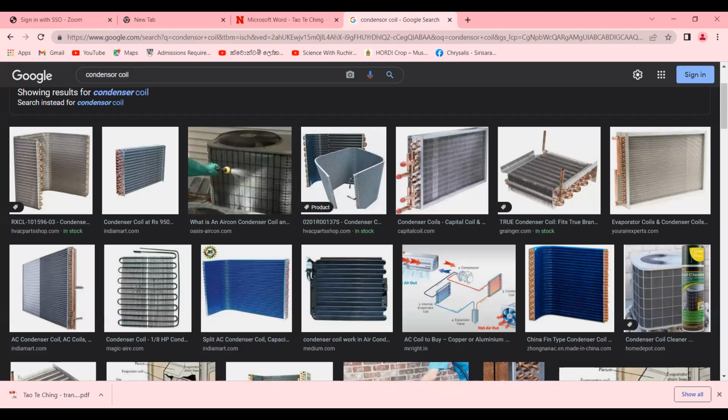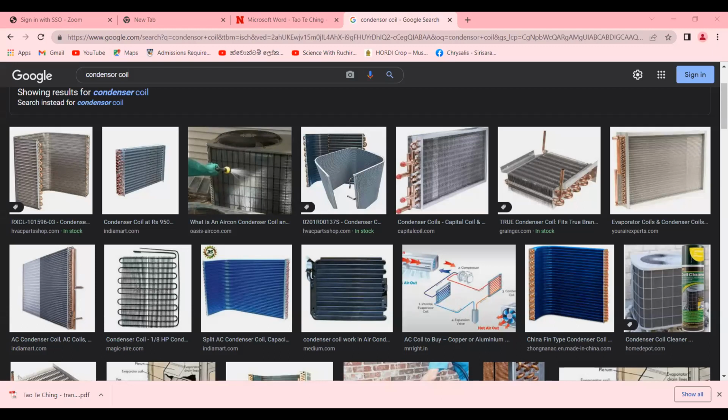So all are the same, no difference. Single in, single out, or multiple in and out, not much difference. Similar analysis, similar way.